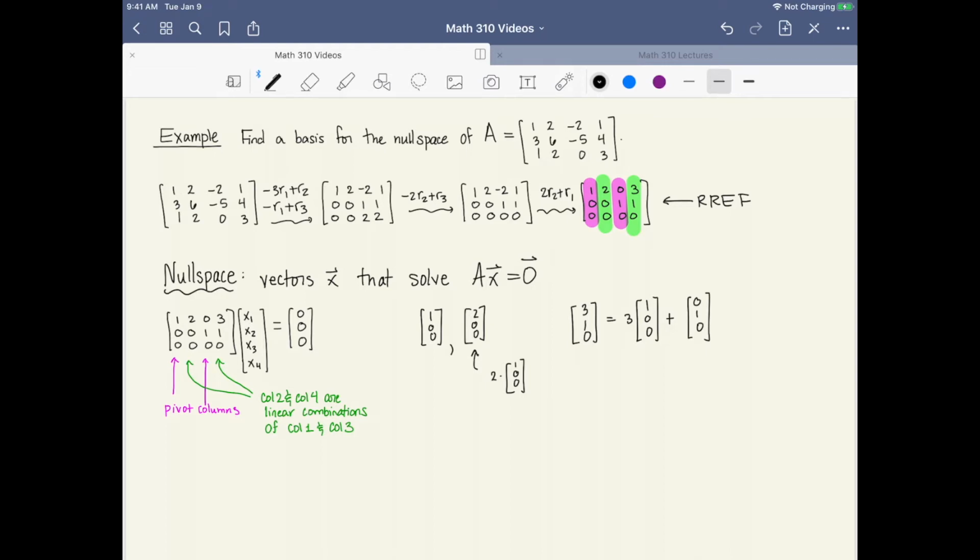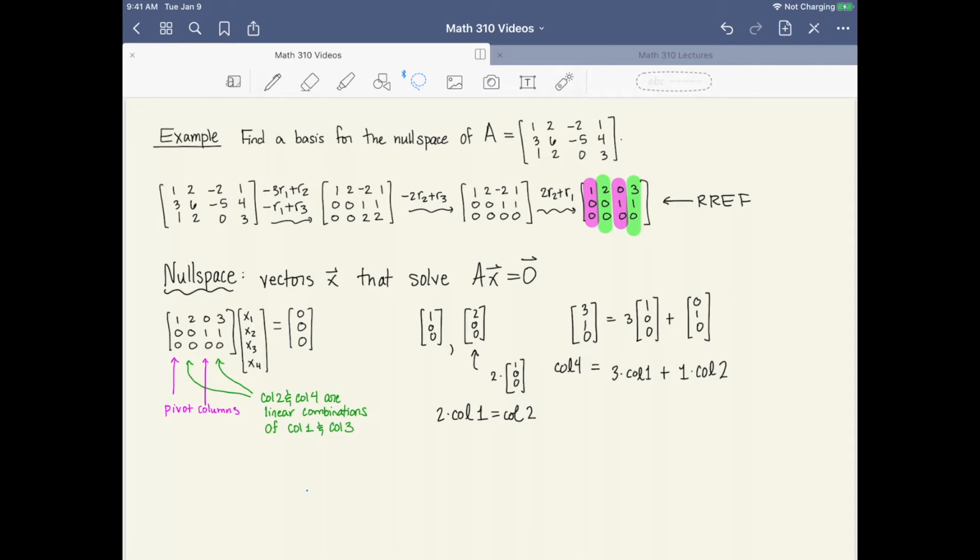So this is actually 3 times column number 1 plus 1 times column number 2. And this is giving me column number 4. So these linear relations, that 2 times column 1 is equal to column 2, and then 3 times column 1 plus column 2 giving me column 4, show me that the two columns that I highlighted in green are really linear combinations of the two columns that I highlighted in pink.